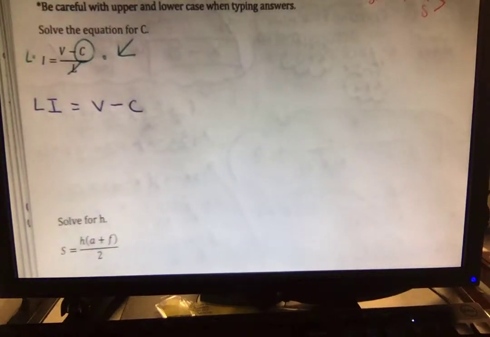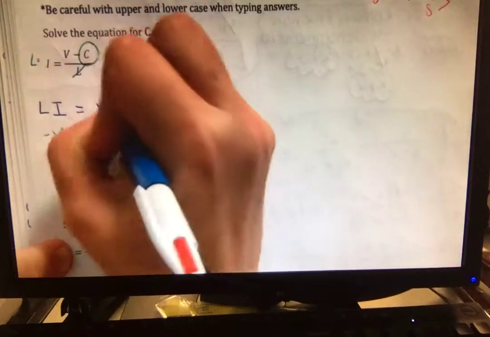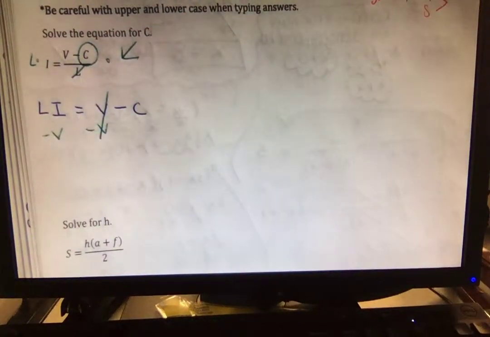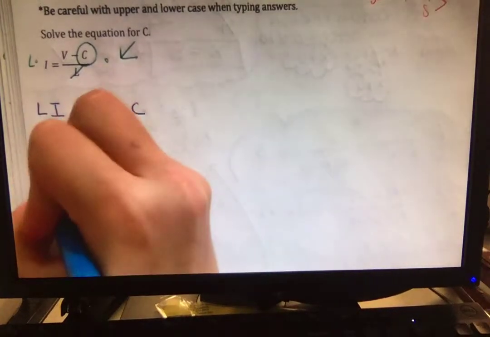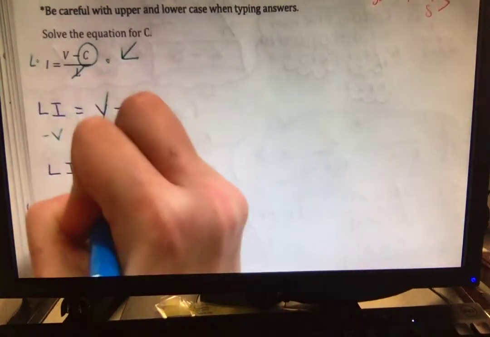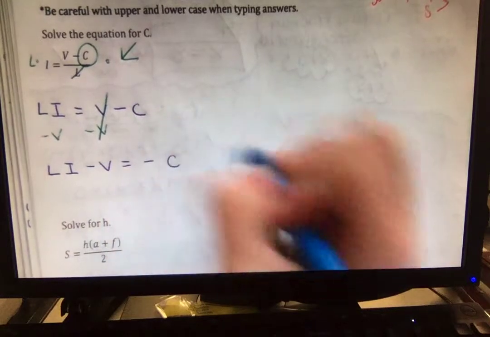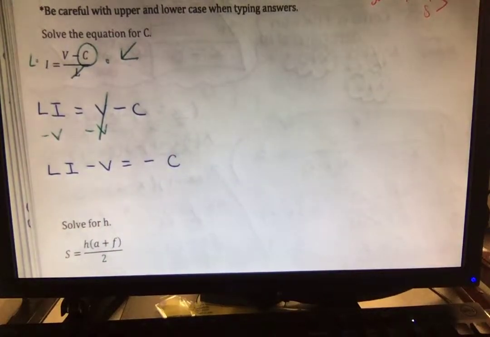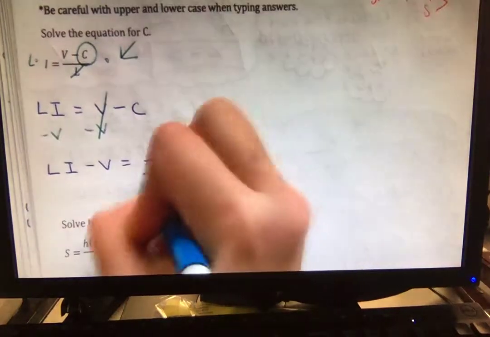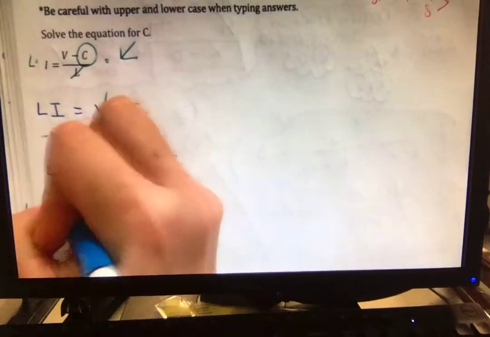Trying to get C by itself, what should I do next? Subtract V. V minus V cancels out, goes to 0. So Li minus V equals negative C. Divide by negative 1 to get rid of that negative and get C by itself.